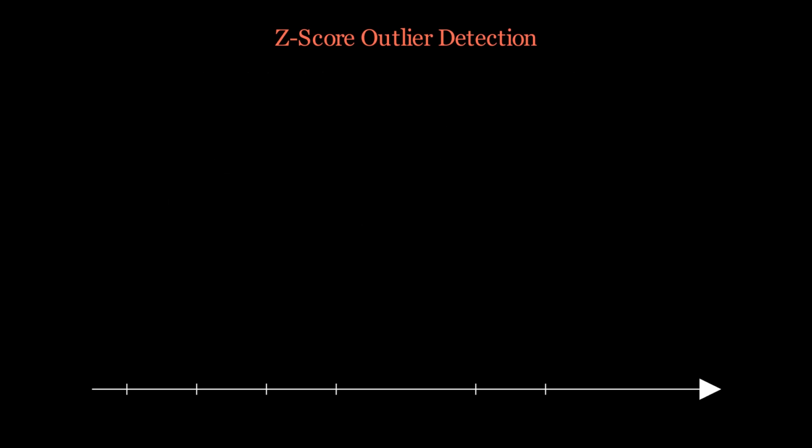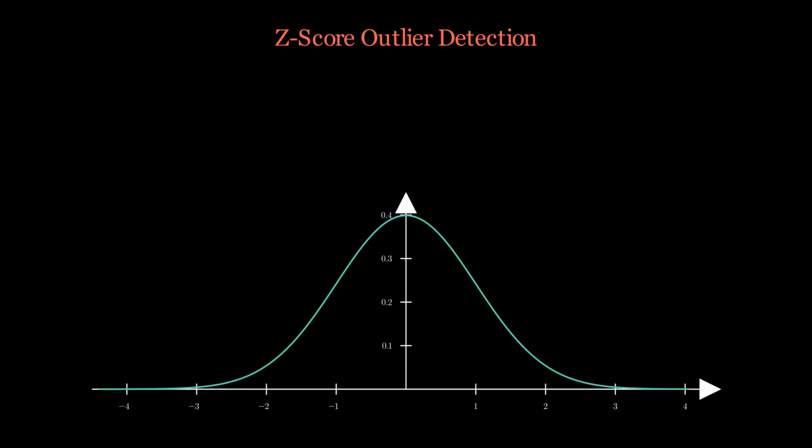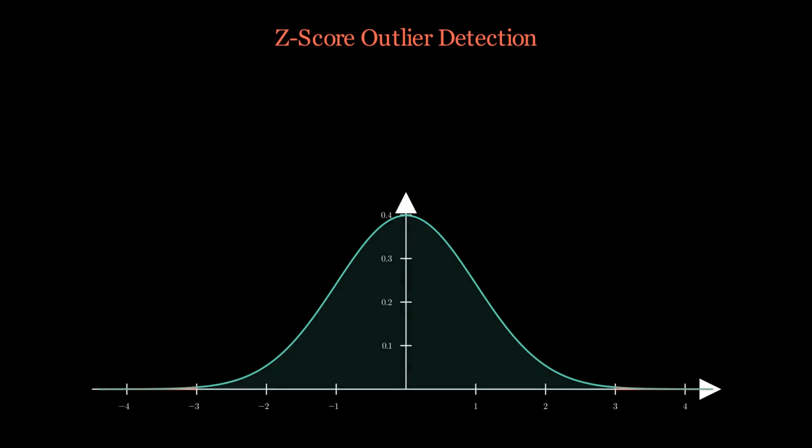Here's the outlier detection process visualized on the normal curve. The teal region between z equals -3 and +3 is the normal zone. 99.73% of data belongs here. The red shaded tails beyond 3 standard deviations are the outlier zones. Green dots represent normal observations.